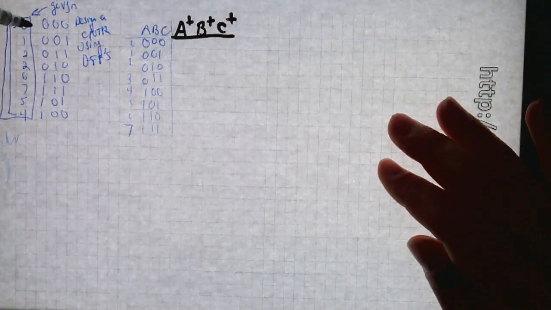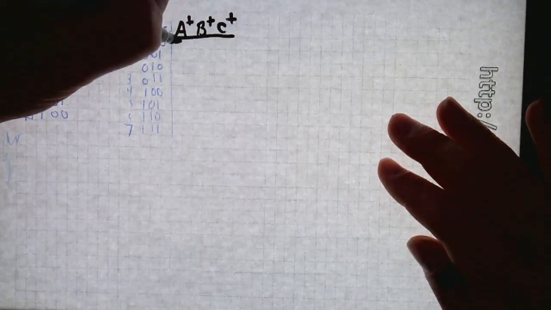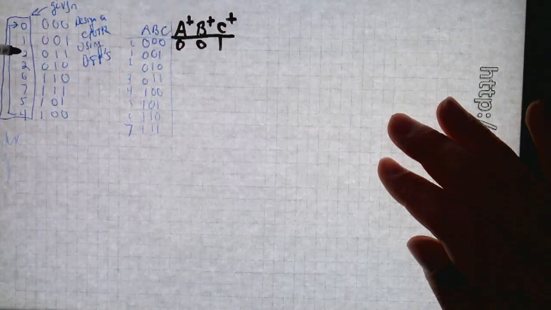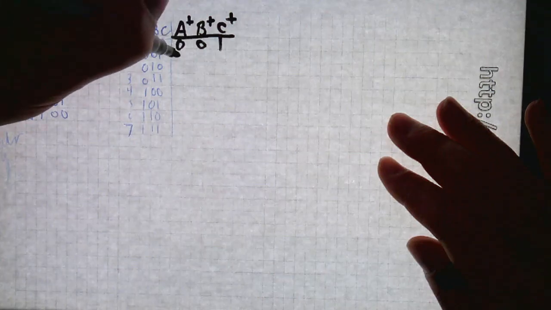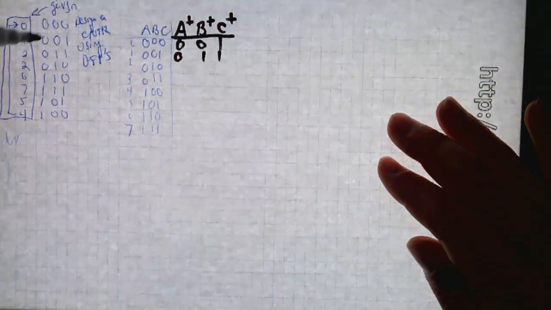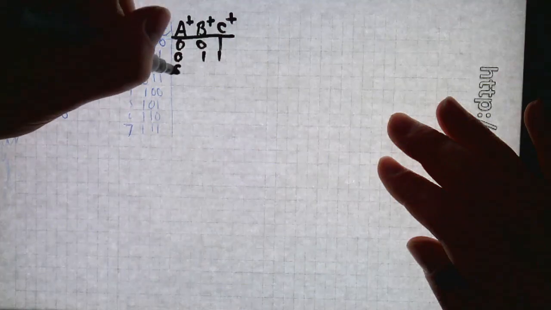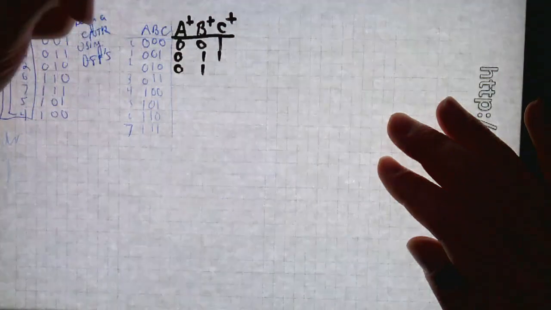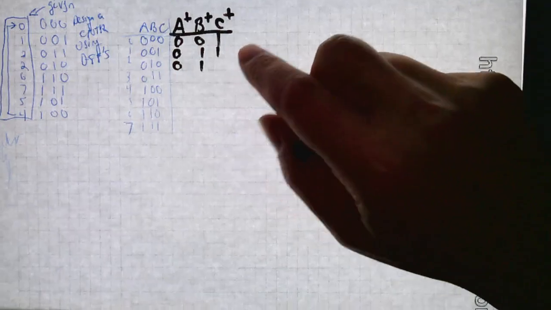So from 0, we're going to go to 1. From 1, we're supposed to go to 3. From 3, we're supposed to go to 2. Wait a minute, what's going on here?